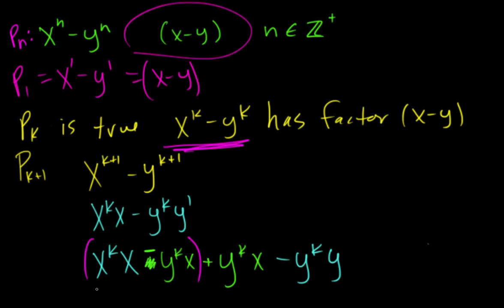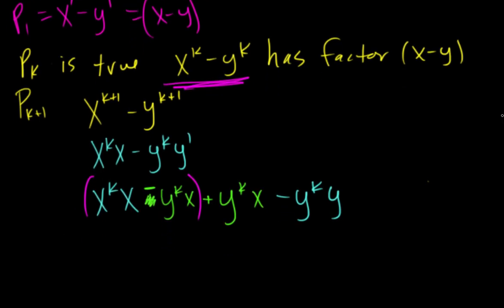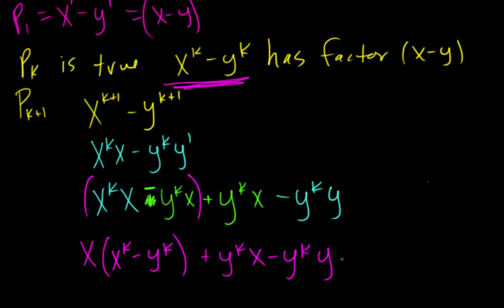The reason I'm doing this is because now I can just factor out an x, and when I do that, x to the k minus y to the k, and then I'll rewrite this stuff. And over here I can factor out a y to the k.